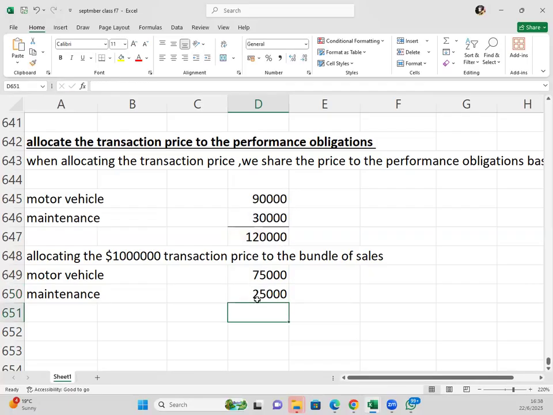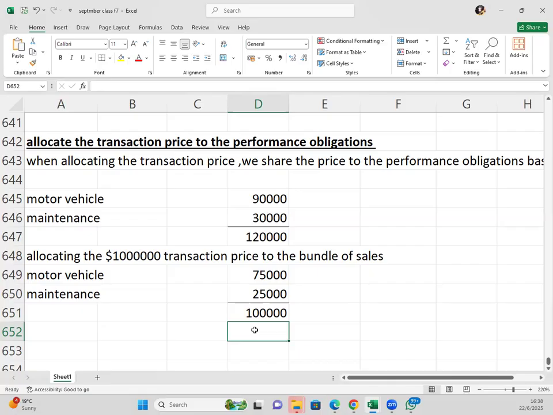So by selling at 100,000, you have discounted your price for the vehicle and the maintenance. If you're buying them alone, you'd pay 90 and 30, but if you're paying once, you pay 100 and you get more.